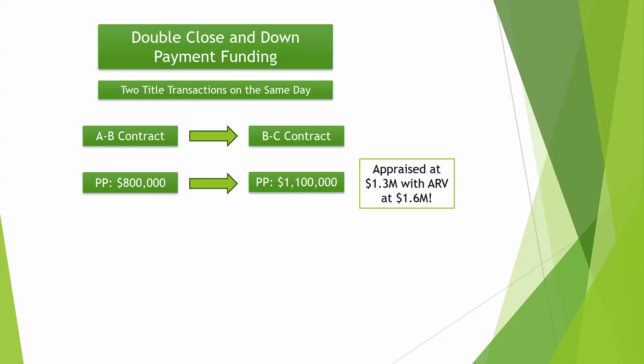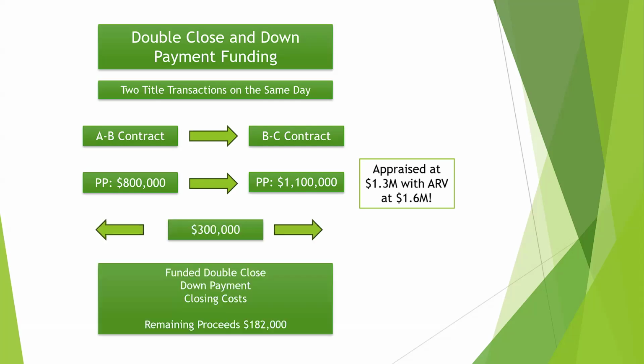So nice, with the appraisal at a higher amount, including a $1.6 million ARV. So that was a $300,000 spread between the A to B purchase price and the B to C purchase price.